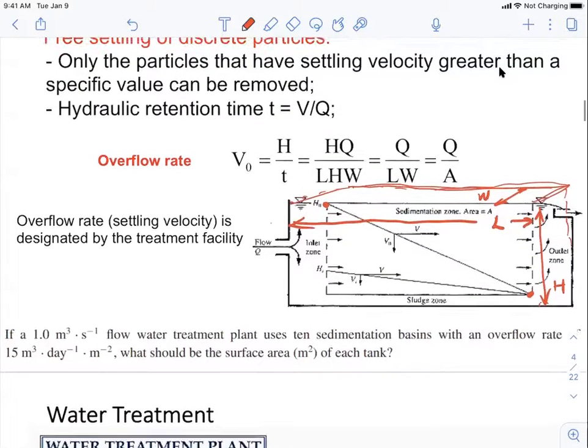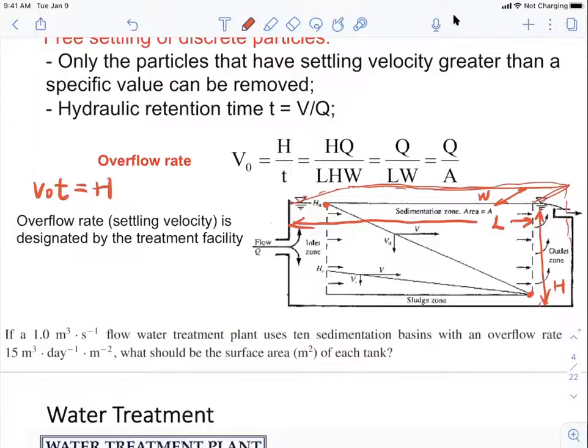If we assume that this particle has the critical velocity of V0, then after a residence time, this particle is going to settle down exactly the height of this sedimentation basin, so that's going to be equal to H.